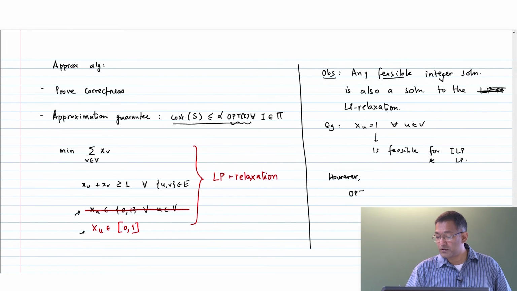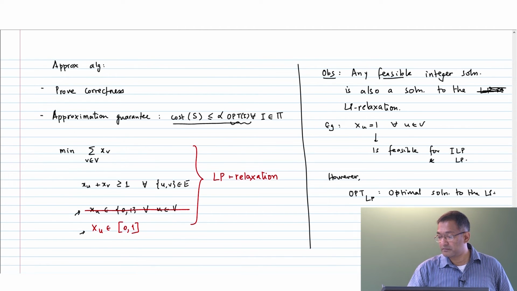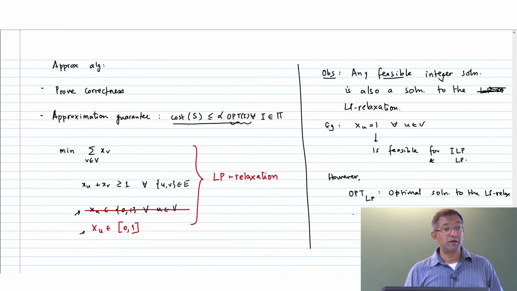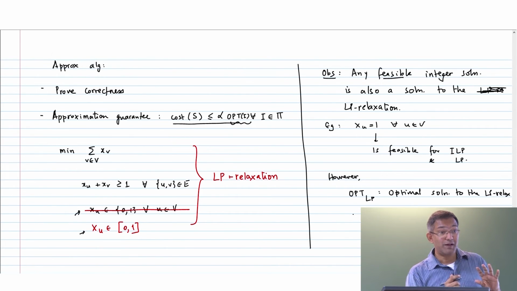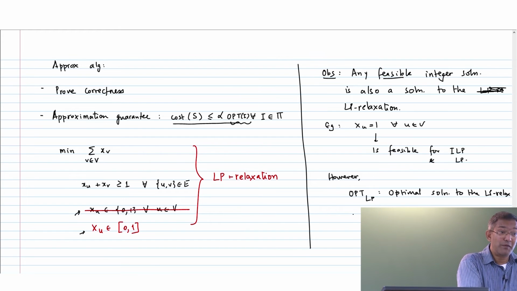However, the optimal solution for the linear program, to the LP relaxation, how does it look compared to the optimal solution to the integer program? So, what we have said is, if for the integer program any solution is feasible, then for the linear program it is feasible, not the other way around.